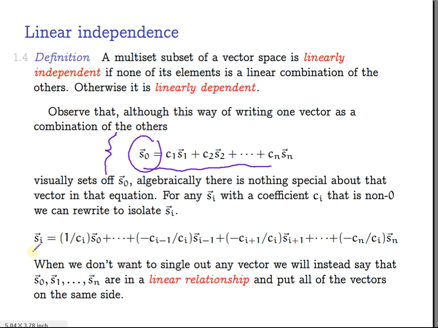If we don't want to single out any one of these particular vectors in our statement, we just say that S0 up to Sn are linearly related. The point here is that for any of the S's in this statement where the coefficient C is non-zero, this can be considered as a statement of linear relationship among those S's. So we're going to rephrase these notions in terms of linear relationship.